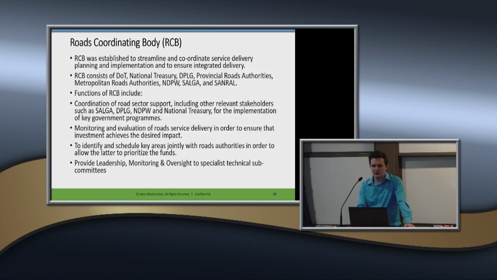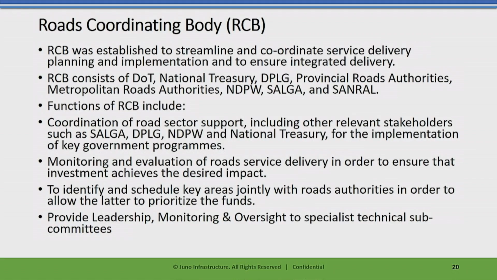In terms of the work that's been done in South Africa, the roads coordinating bodies, our RCB, consists of the Department of Transport for South Africa, National Treasury, the South African local governments, and SANRAL as well. They've done a lot of work in setting up our highway manuals, our recommendations, and our standards.